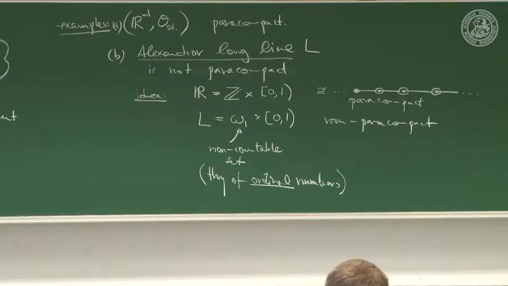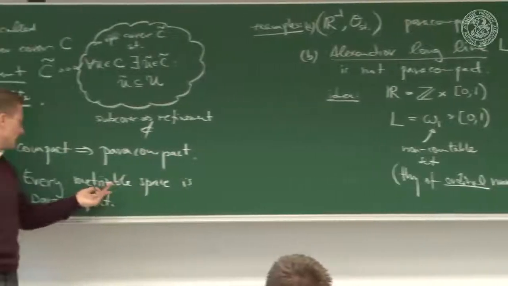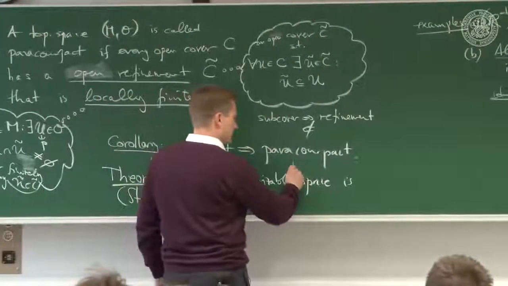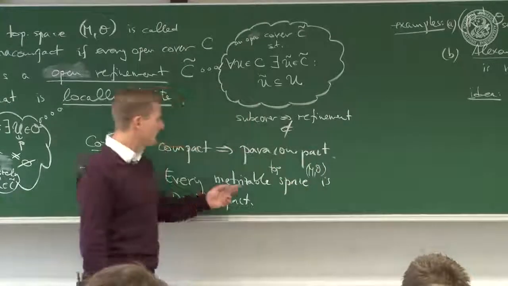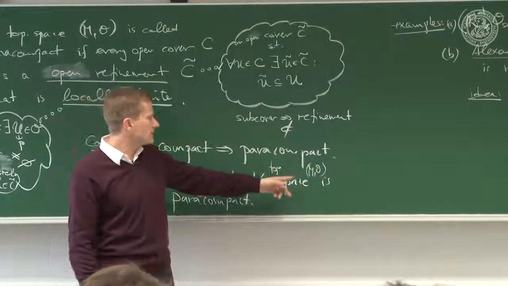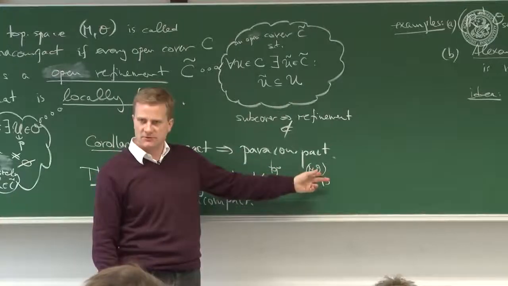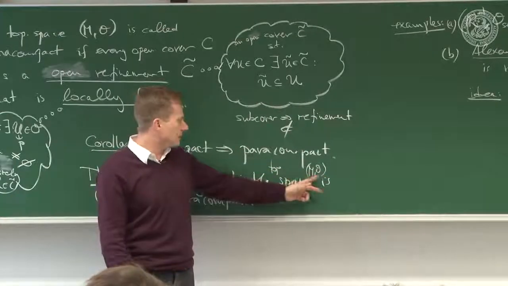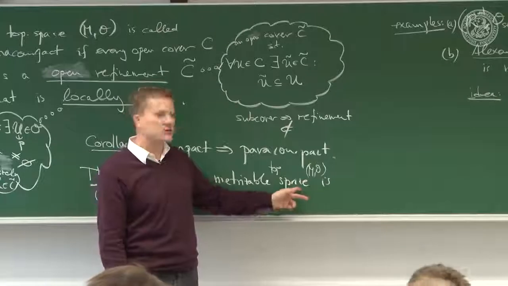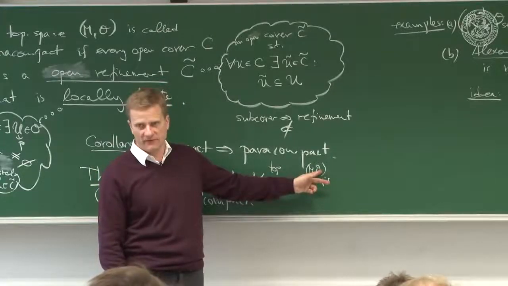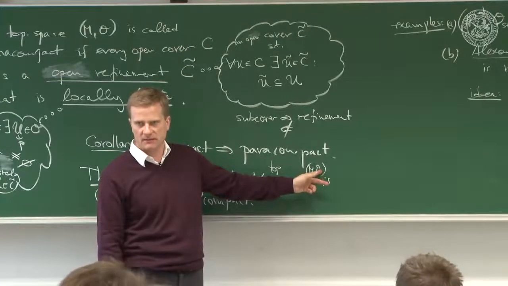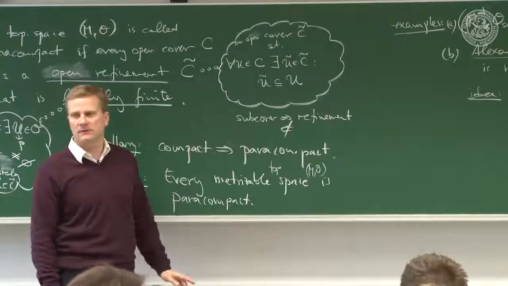Questions so far? Yeah? What is the definition of metrizable? Aha, a metric can be found. So every metrizable topological space is paracompact. A metric can be found such that the topology is induced by the metric. Or in other words, every topological space where the topology is the one or equivalent to the one induced by a metric is paracompact.